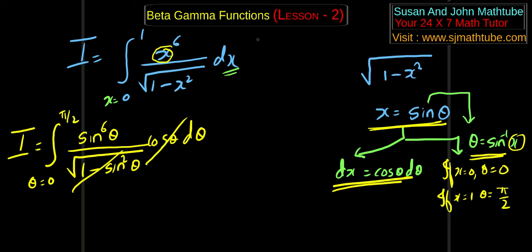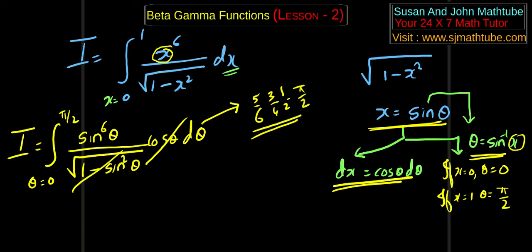In case they ask use beta gamma function in the question, don't use the shortcut from reduction formula. We know there's an awesome shortcut from the reduction formula, that is 6, 5, 4, 3, 2, 1. And since the power is even, we put pi by 2.